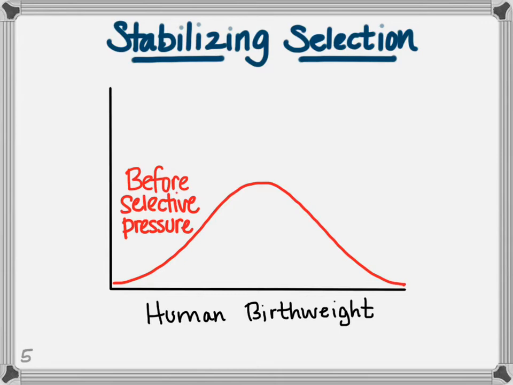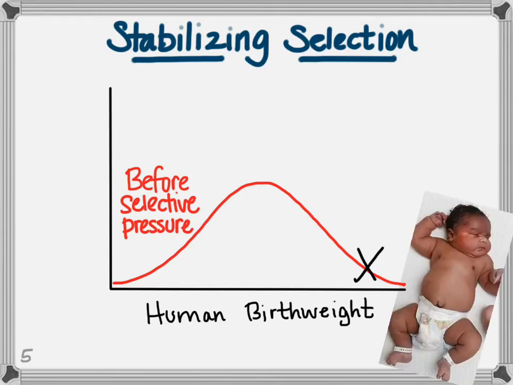A great example of stabilizing selection is birth weight in humans. While modern medical care has changed this somewhat, for most of human history, childbirth was incredibly dangerous for women and their babies. Until the last half of the 20th century and the advent of safe surgical delivery, cesarean sections, a very large baby had very little chance of being safely delivered, and its mother had very little chance of surviving the experience.